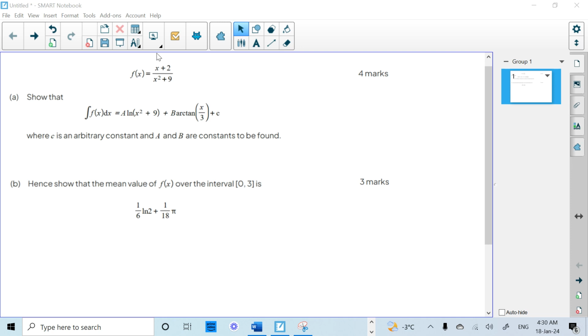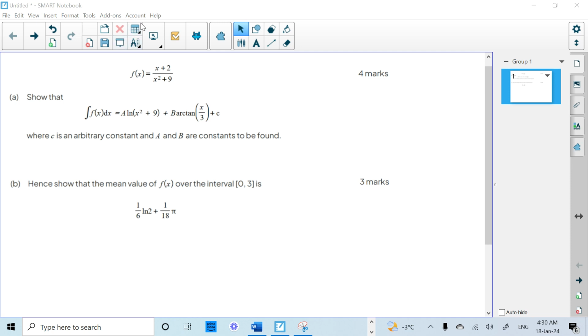So the first thing that we need to do is to separate the fraction. Once we've done that, we're good to go. So split the fractions and let's get started.